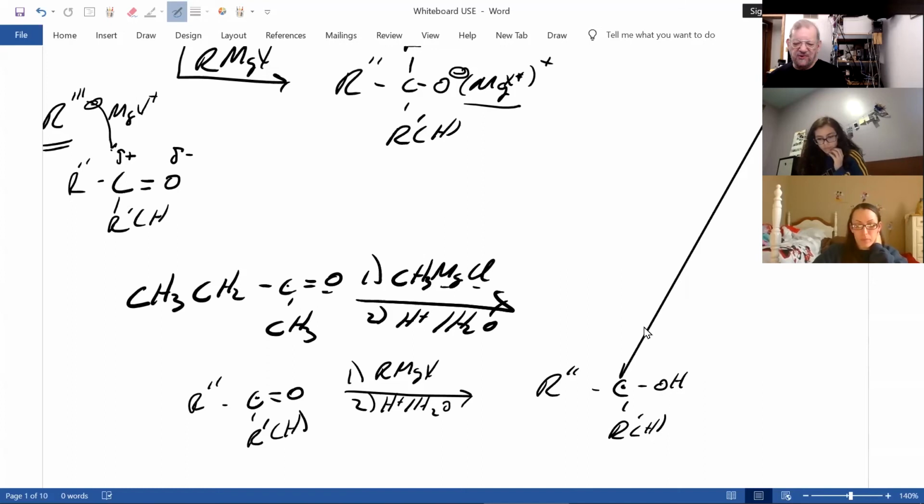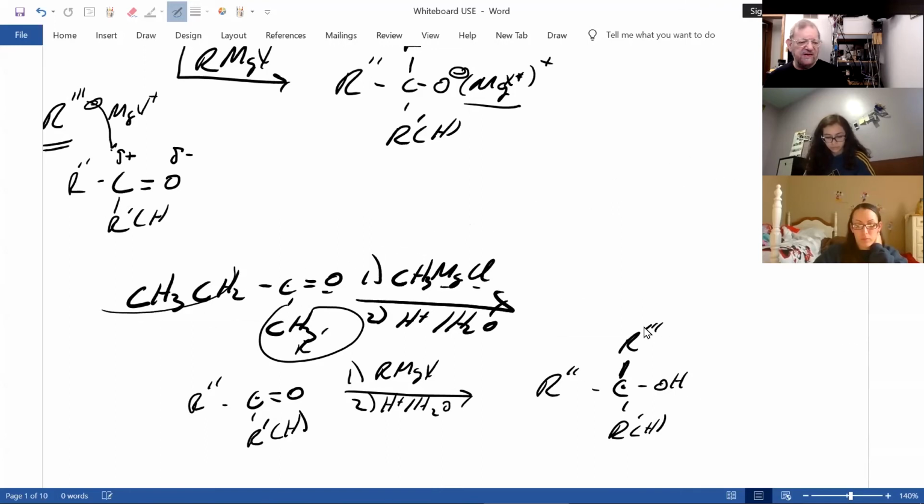And now with the Grignard, you make that very special, very rare carbon-carbon single bond. So if I come over here, here's my R group, R prime. Here's my R double prime. And here's my R triple prime.